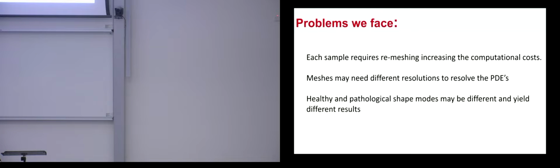We might need different meshes, different resolutions, to solve the PDEs. For big hearts or small hearts, we might need different resolutions, and that leads to simulation failures. We've currently only looked at healthy shapes, and we really need to expand this to a lot more modes, potentially capturing the full variety that we see in pathological cases. That increases the computational cost of these problems.